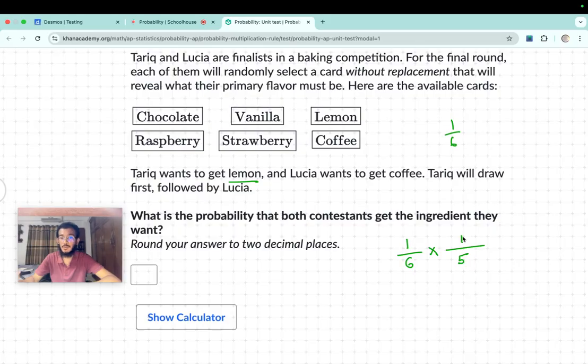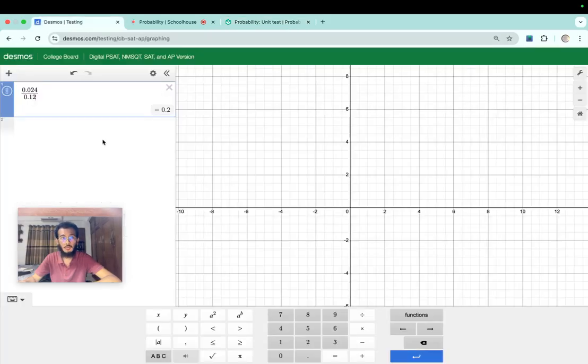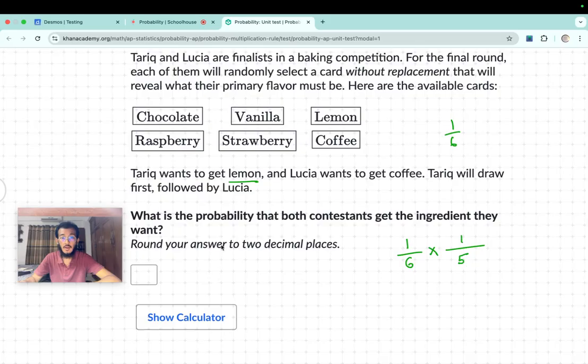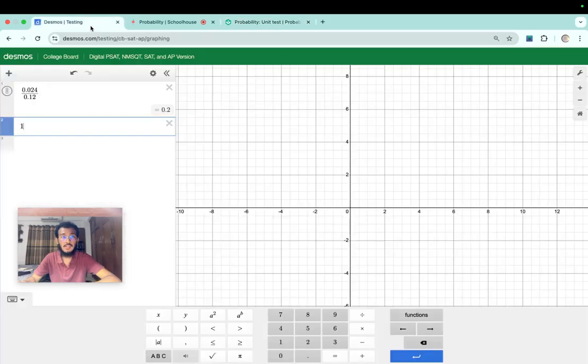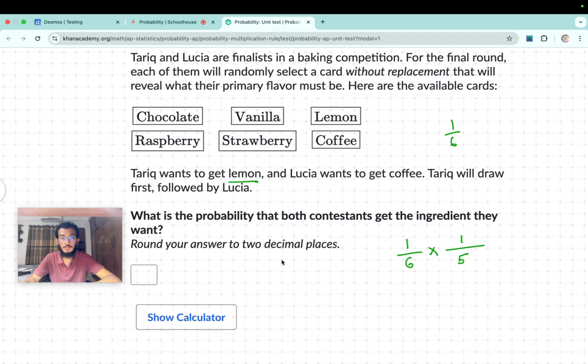This is the probability that both contestants get the ingredient they want. 1 upon 6 into 1 upon 5, so 1 upon 30. Oh, we need to round to 2 decimal places, so 0.03, 2 decimal places, right?